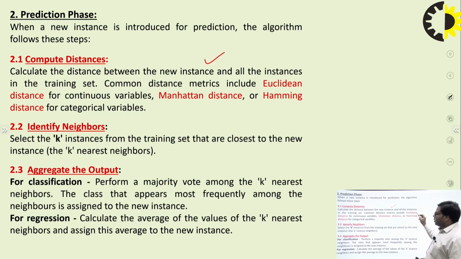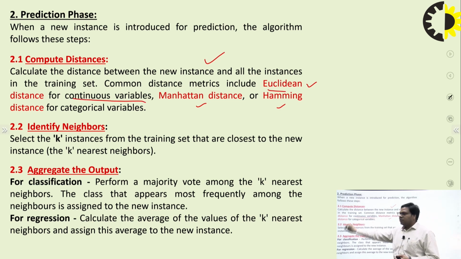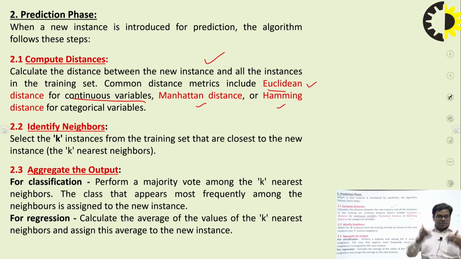There can be various methods to calculate the distance, but we are interested in either the Euclidean distance, the Manhattan distance or the Hamming distance. Generally, for continuous variables, if the input features have values which are integer or float numbers, then we can use the Euclidean distance formula.